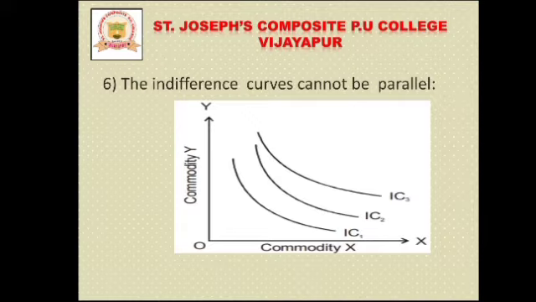As a consumer goes to a higher budget line and a higher indifference curve, the marginal rate of substitution will diminish but need not be at the same rate; it can be different. So we can say that indifference curves cannot be parallel.